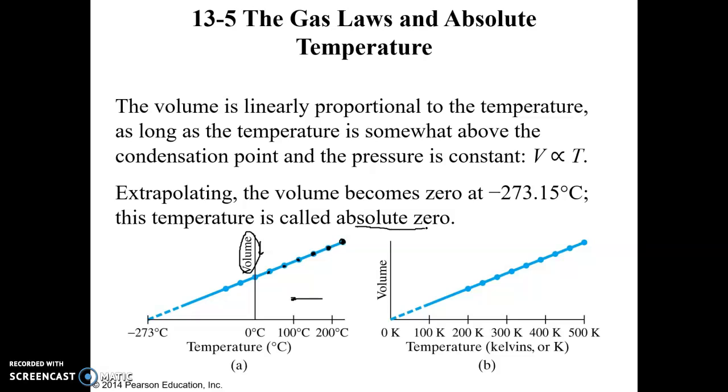And that temperature is called absolute 0. So if we trace this line all the way back, we'll see that it hits the x-axis at negative 273.15 degrees Celsius. This temperature is known as absolute 0. This is the temperature at which volume would become 0.